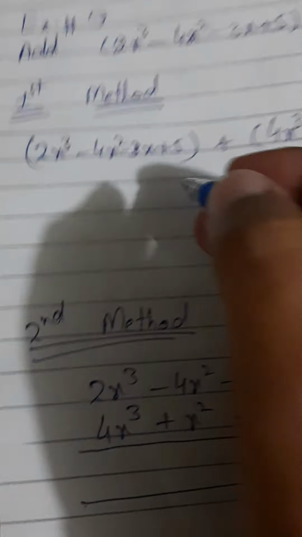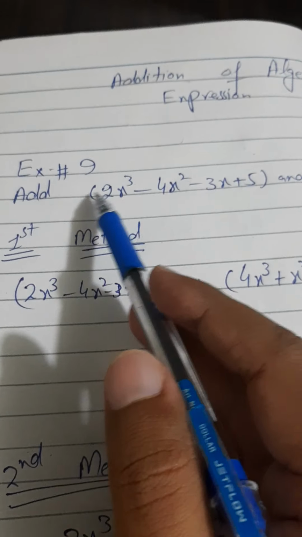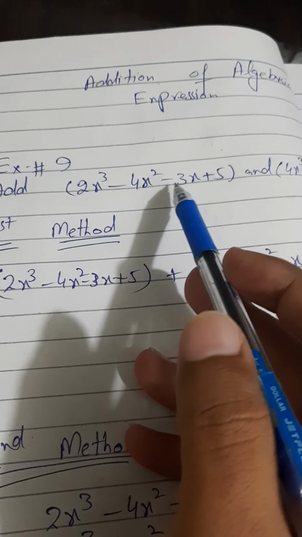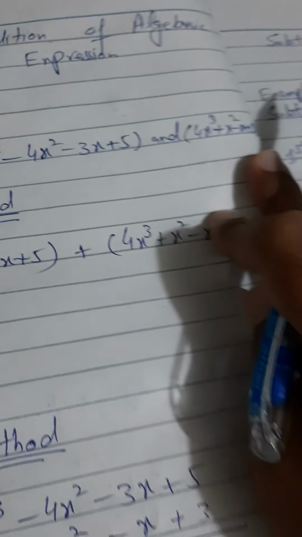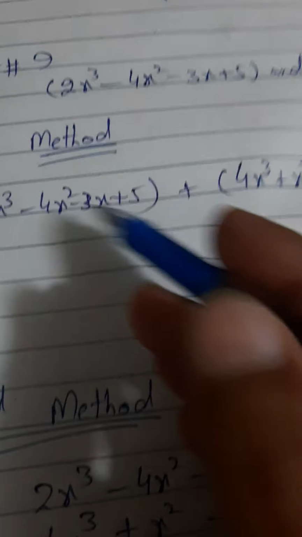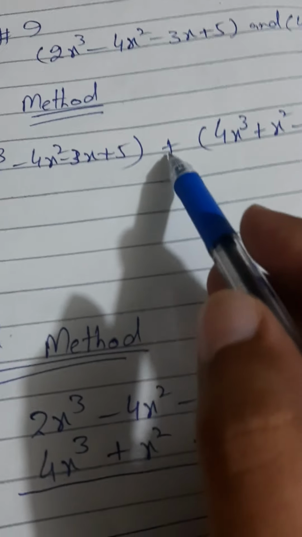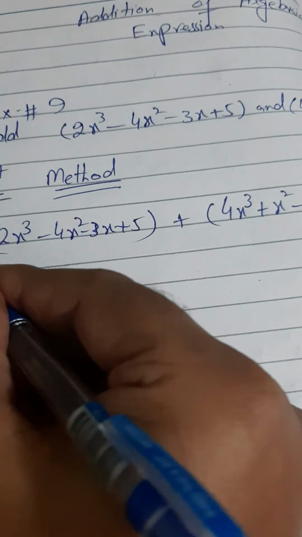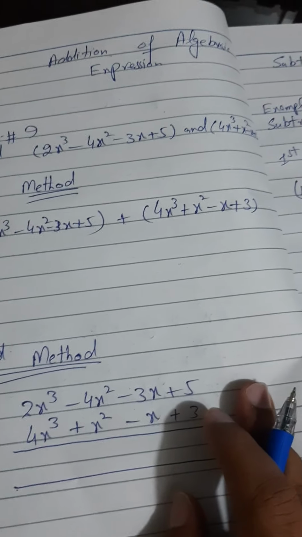So first method, check the statement of the question. We have to add two expressions, 2x cube minus 4x square minus 3x plus 5 and 4x cube plus x square minus x plus 3. So simply we write both expressions and we put the sign of addition between these two. Now next step is that we remove brackets of both expressions.